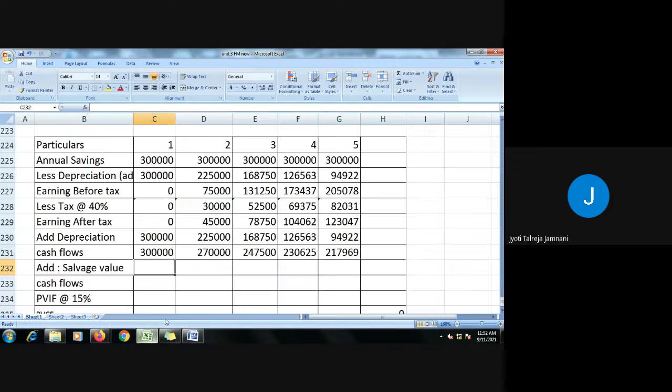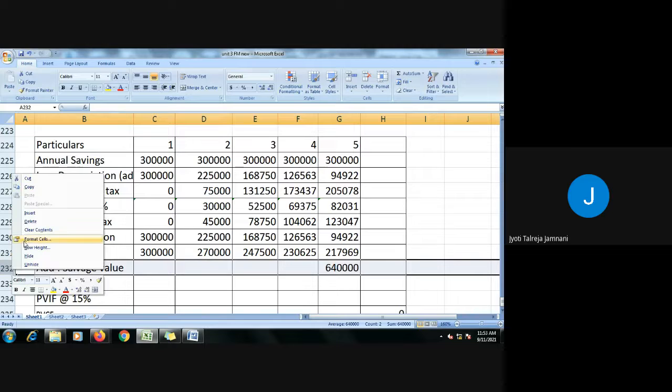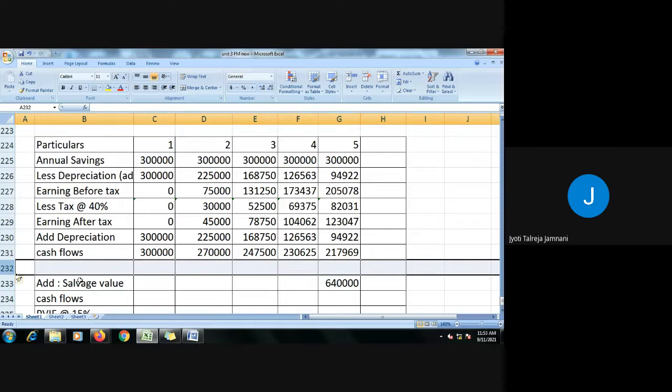You get additional salvage value which is equal to 6 lakh 40,000. So we are going to take this 6 lakh 40,000 here as salvage value for the fifth year.